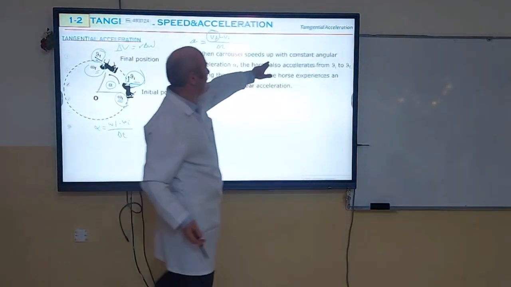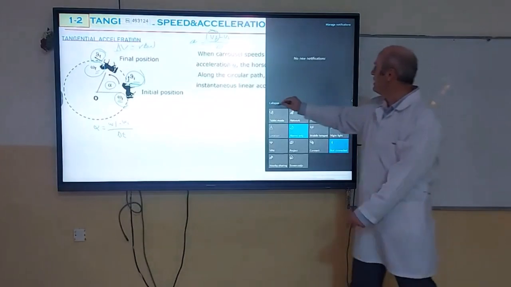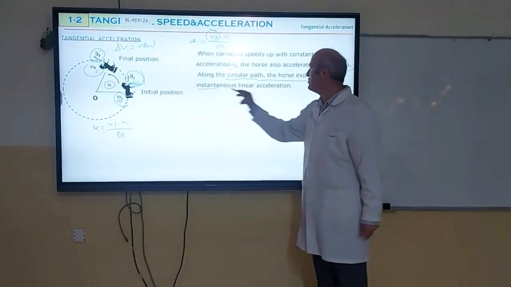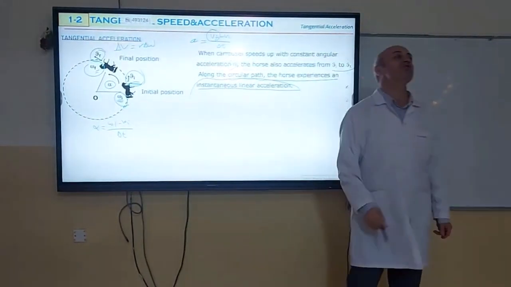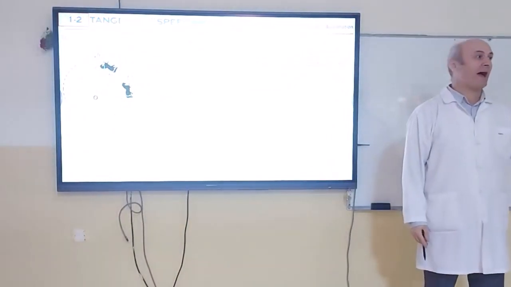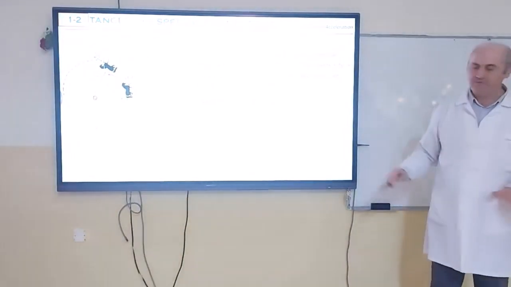So when the carousel speeds up with a constant angular acceleration alpha, the horse also accelerates from an initial tangential speed to a final tangential speed. Along the circular path, the horse experiences an instantaneous linear acceleration, named as tangential acceleration, the short definition.